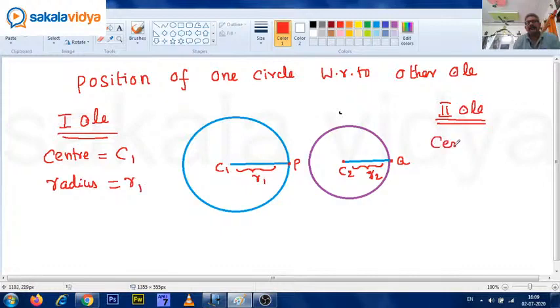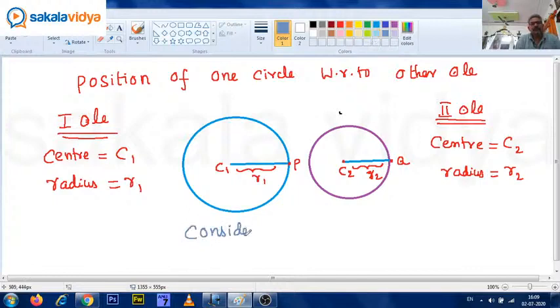Here second circle, center is C2, radius equals R2. Consider here R1 is greater than R2.